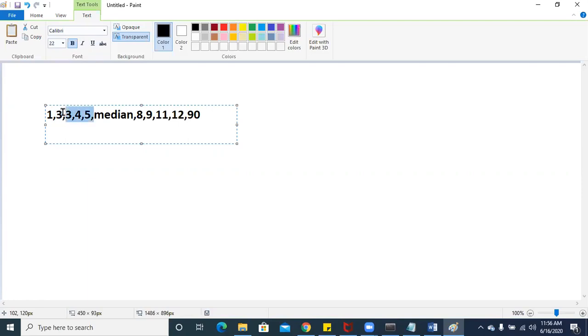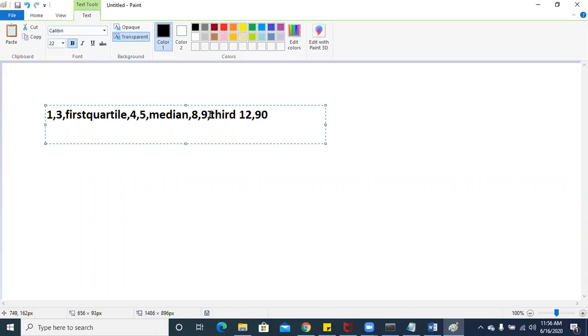Guys, I'm asking, where can I divide it? At the 3, you can divide it, right? Here, you can divide it at 11.